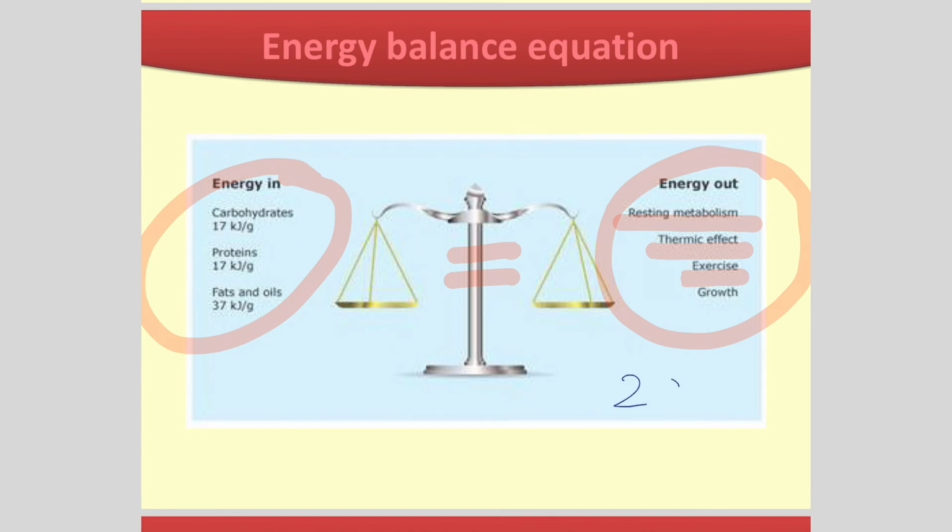If I consume 2000 kilocalories per day, I will need to intake 2000 kilocalories. The calories we need in a diet are exactly the same as the calories we consume. So this is how we calculate the calories a person needs in their diet.